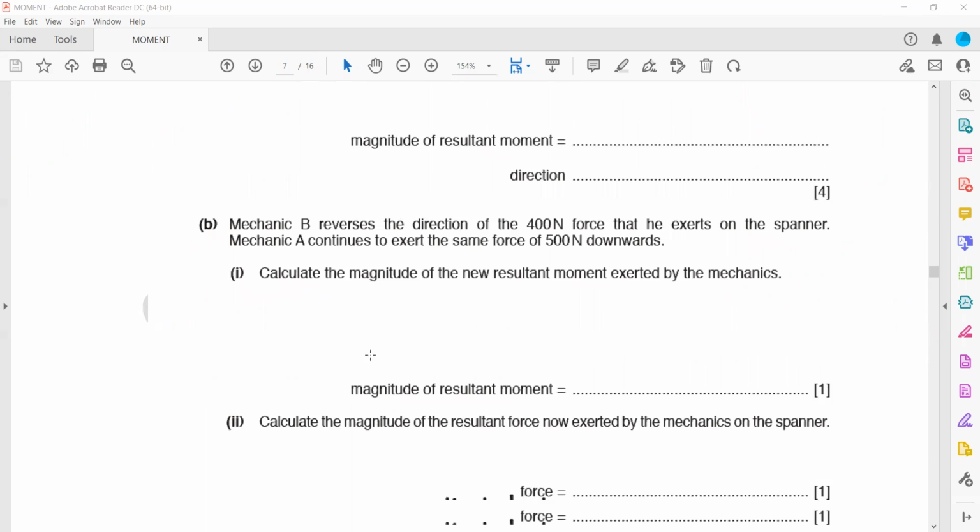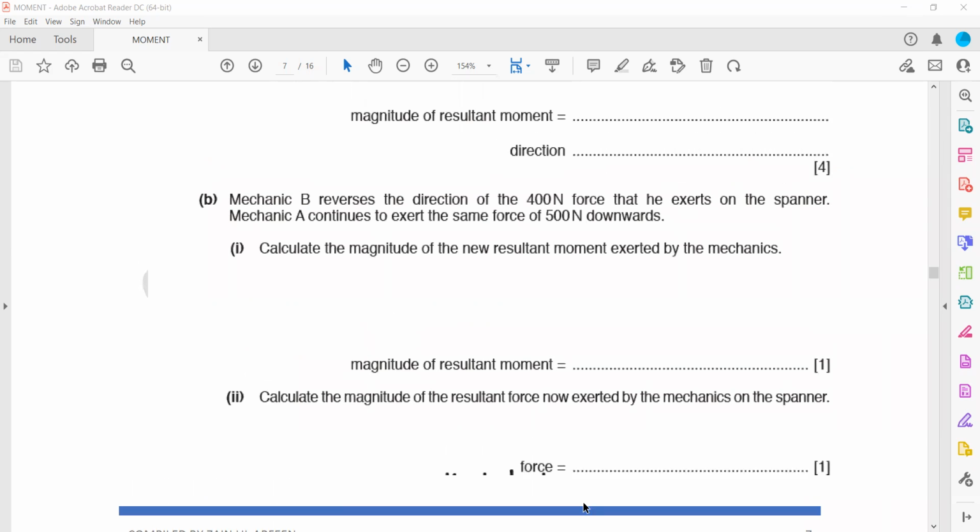So this was the answer for the last part. The magnitude of the resultant moment when they change the direction was 1080 Newton meter, and the magnitude of the force, 500 one way and 400 the other, is 100 Newton.